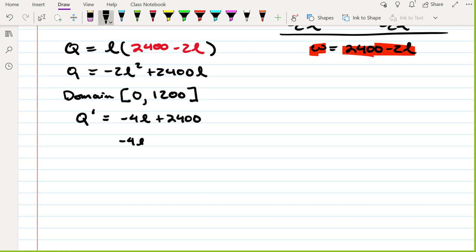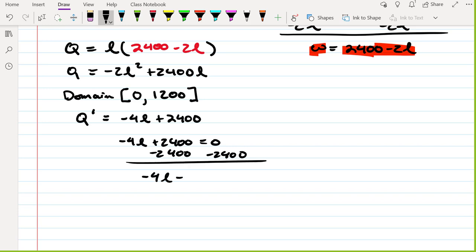So we have negative 4L plus 2400 is equal to 0. We subtract 2400 from both sides and get negative 4L is equal to negative 2400. We divide by negative 4 and get L is equal to 600.